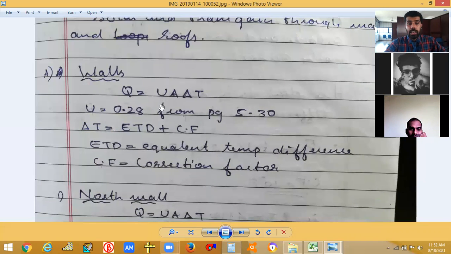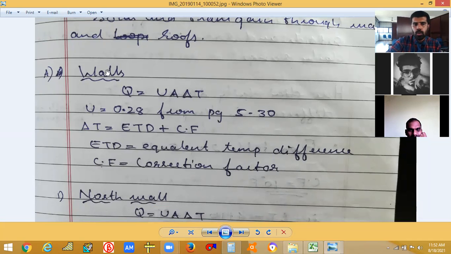Now delta T, here we are choosing in a different way: delta T is ETD plus CF. ETD means equivalent temperature difference and CF means correction factor. When we add these two, we get delta T.